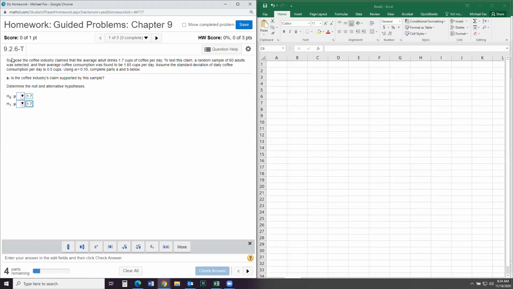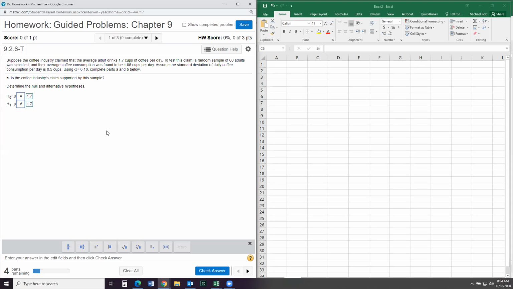So all they're saying here is, suppose they claim this 1.7 and we're going to test the claim. So that means that we're testing to see whether it's gone up or gone down, and that's how we can decide that this is an equal to and a not equal to, as opposed to if we were testing if it was just going up or not going up.